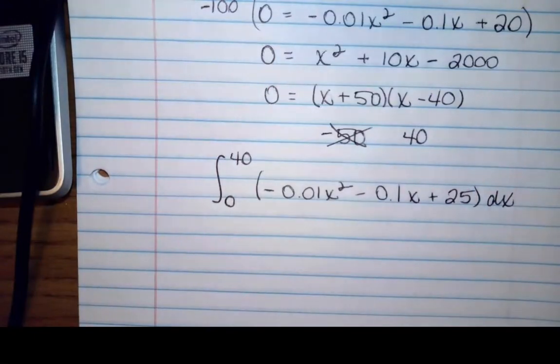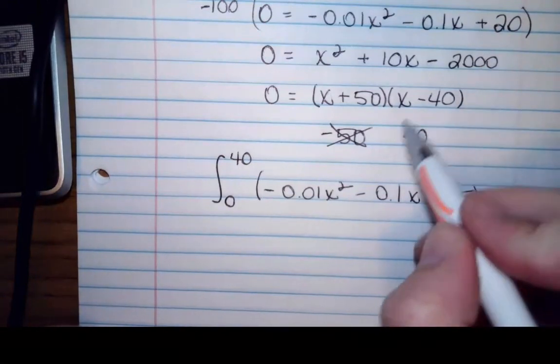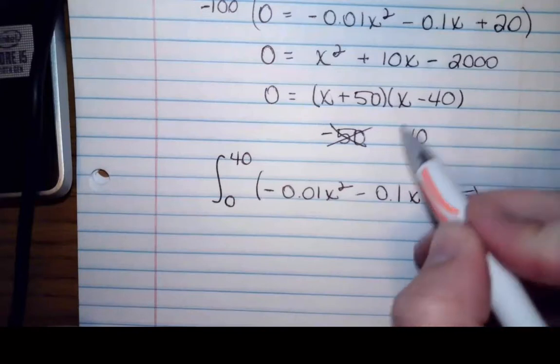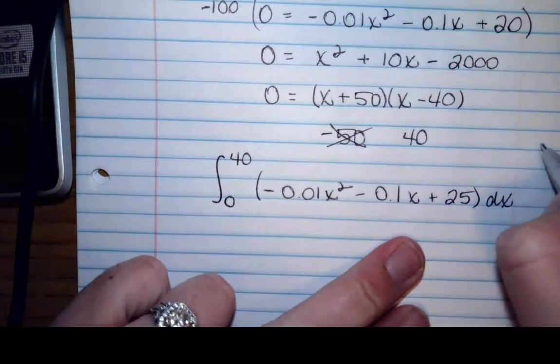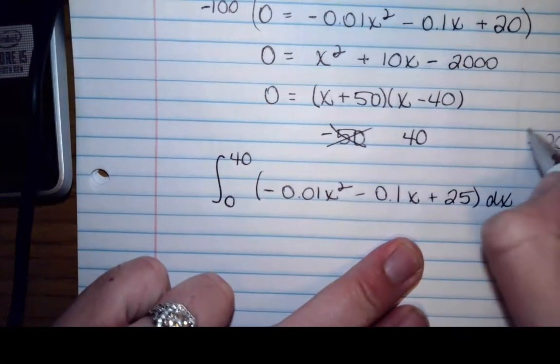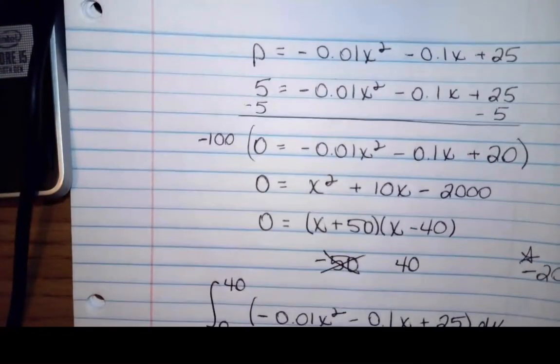We're going to have to take that times the equilibrium point. So when I'm all said and done, I'm going to have to subtract off 40 times 5, so I'm going to have to subtract off 200. Just remember that when we're all done.